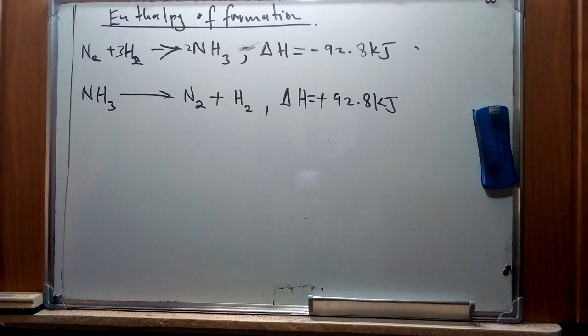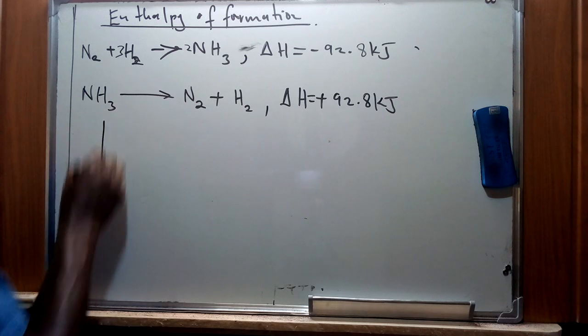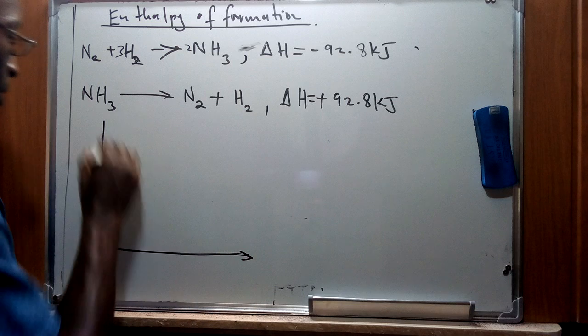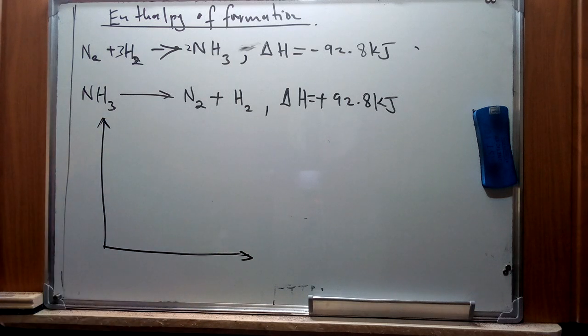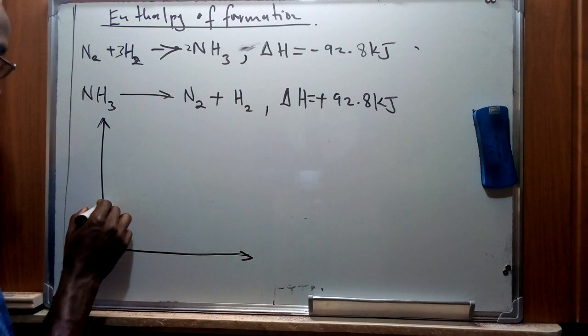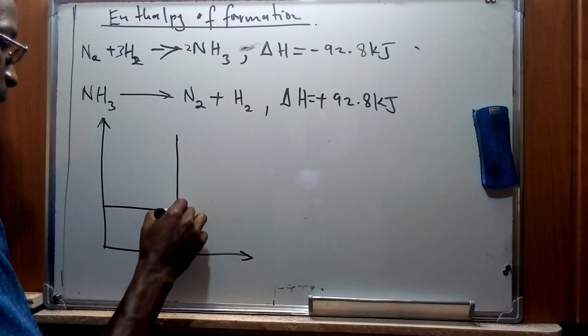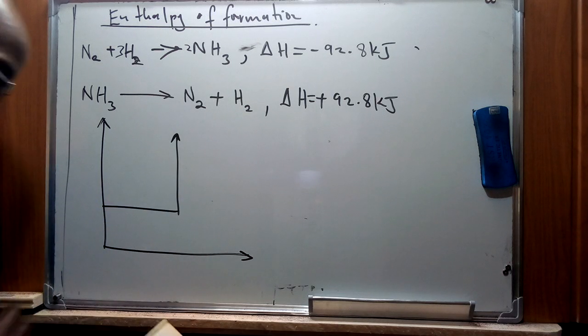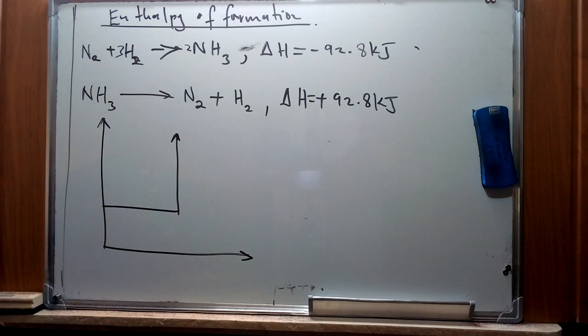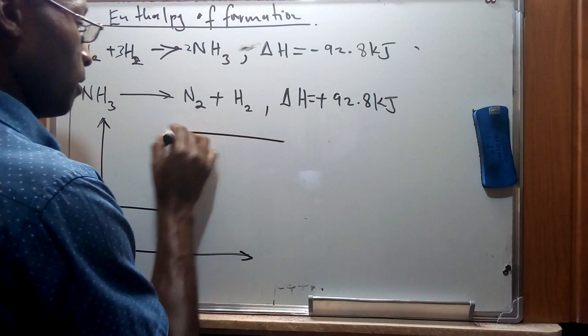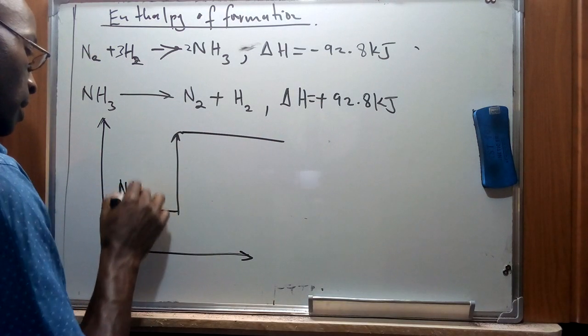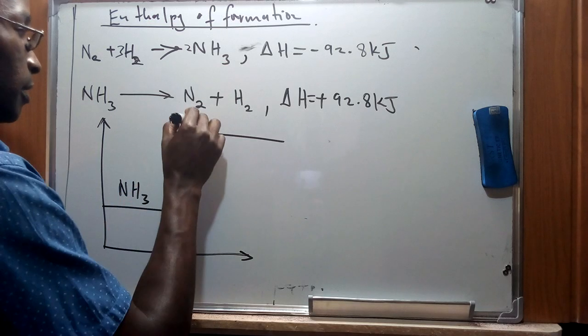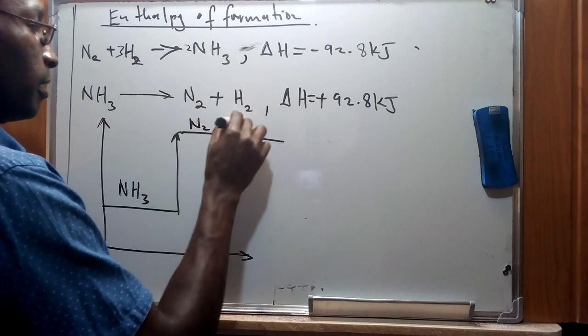And for illustration purposes, this is going to have a net effect on the illustration for the energy level diagrams. So suppose I have this one for the first one, whereby I'll have, maybe for the second equation, this is ammonia that is split into nitrogen plus hydrogen.